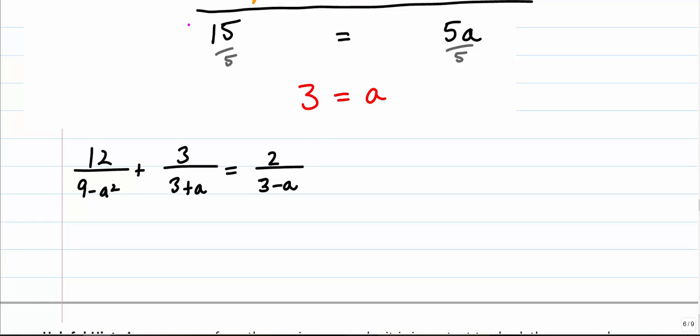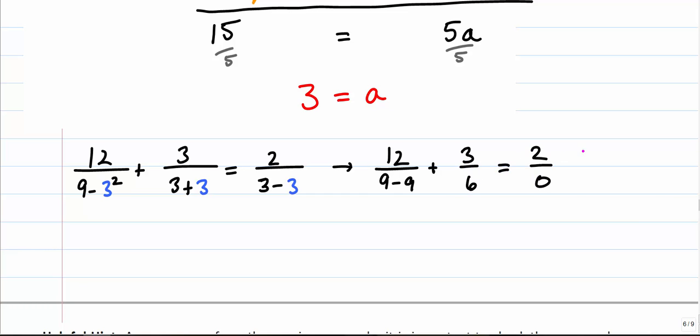So if I try to plug this number in for a, everywhere I see an a, if I were to plug in 3. Now, of course, this was squared. Then I would get 12 over 9 minus 9 plus 3 over 6 equals 2 over 0. And really, 9 minus 9 is 0.